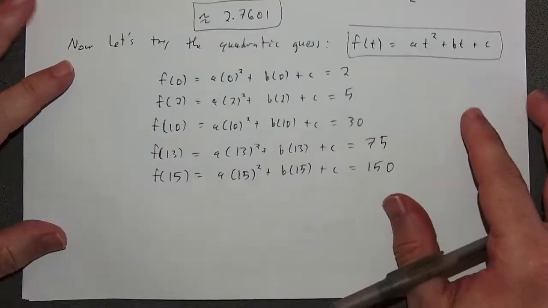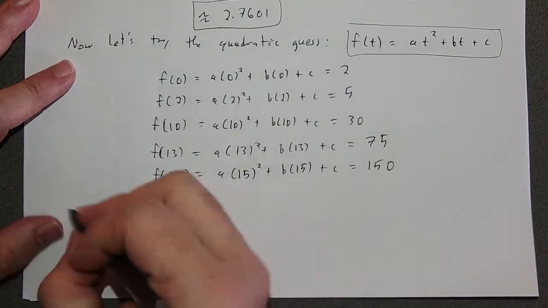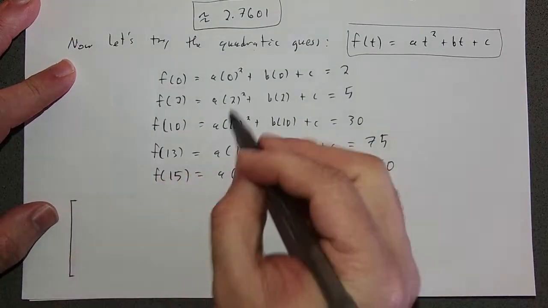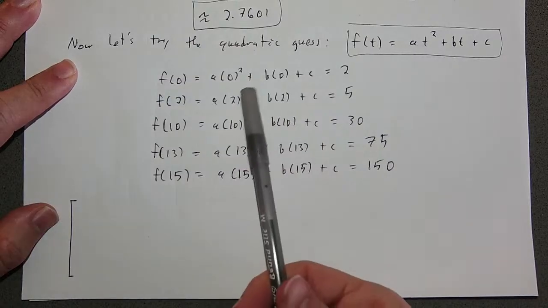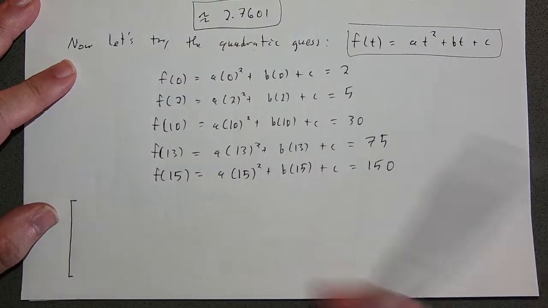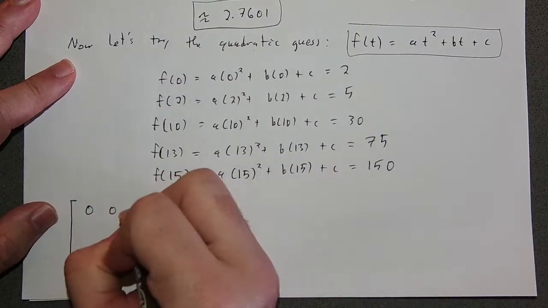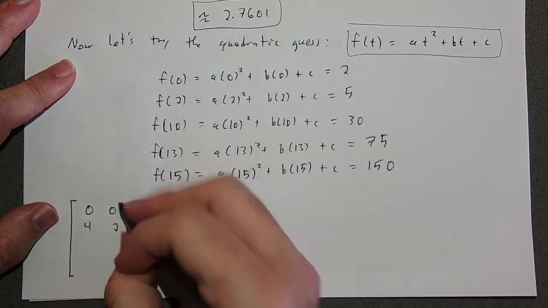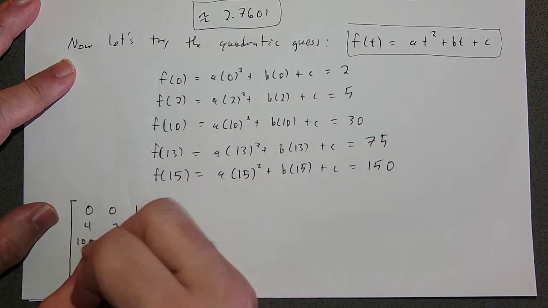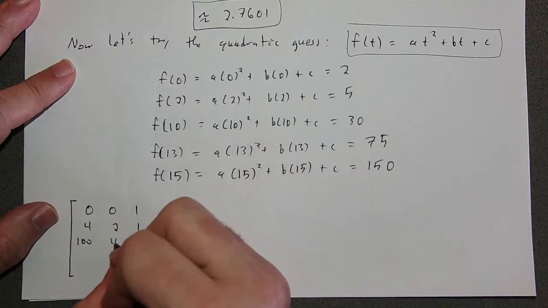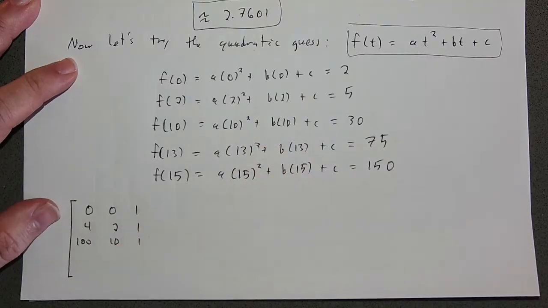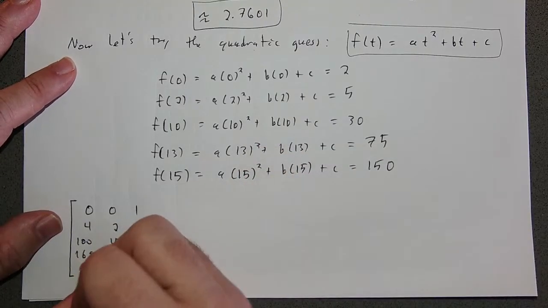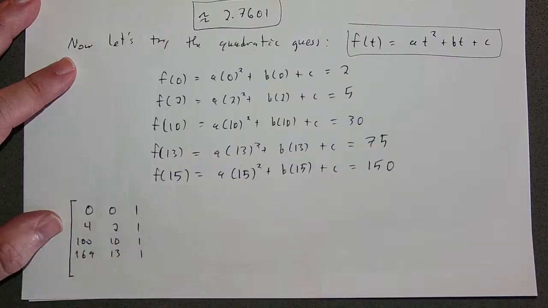And then when I write out the actual matrix equation that I have here, what would I get? I would get 0, 0, 1. This is my left-hand side here. Here I get 4, 2, 1. And then 100, 10, 1. And then I would get 169, 13, 1.